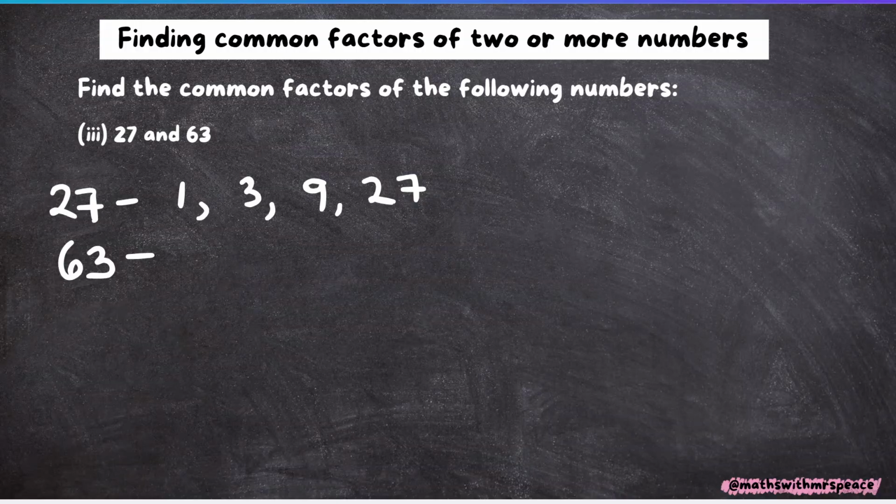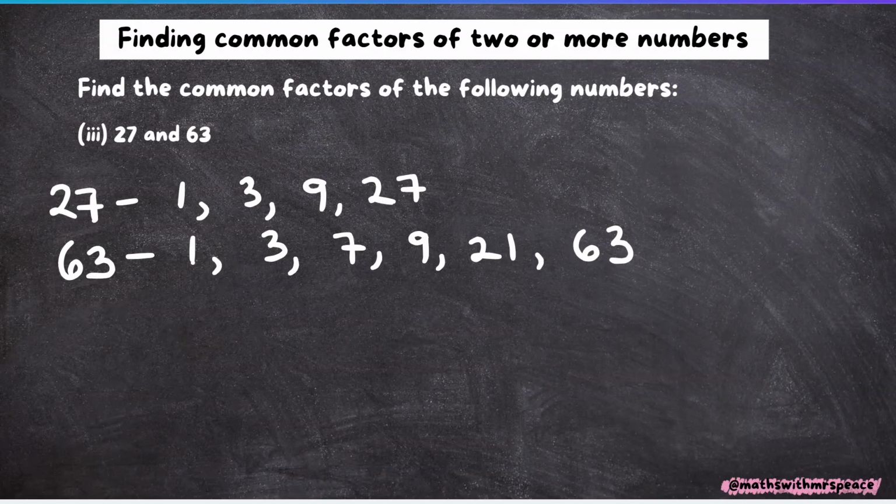For factors of 63, we have 1, 3, 7, 9, 21, and 63. Again, check out our videos on factors so that you learn how to be able to list out the factors of numbers correctly.